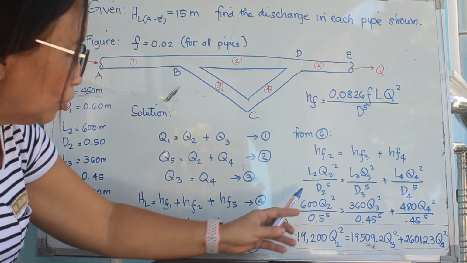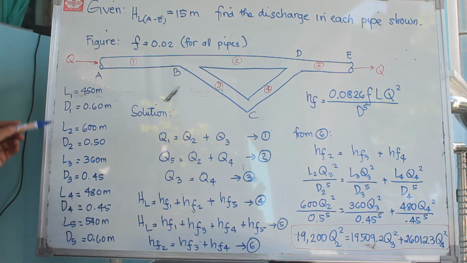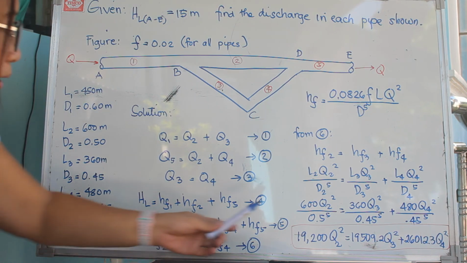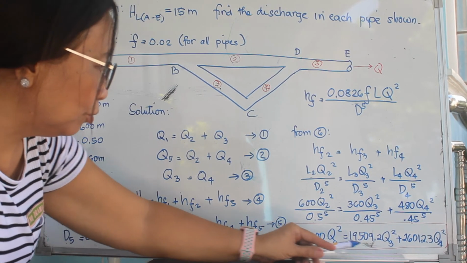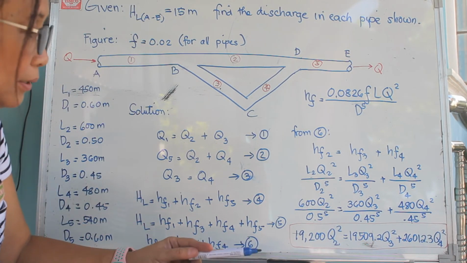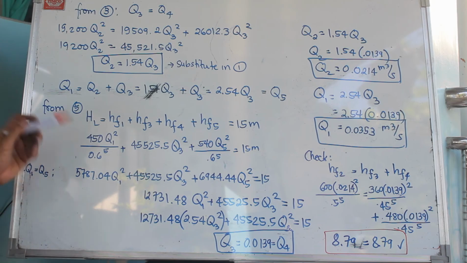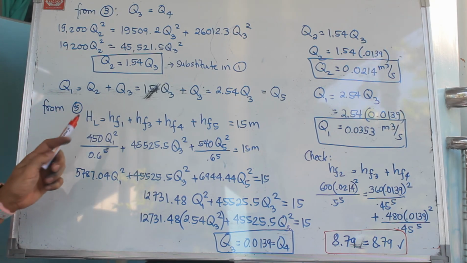Then, we substitute all the given values. L2 and D2 are here, L3 and D3 are given, and L4 and D4 are given. So, this will be an equation in terms of Q2, Q3, and Q4. Going back to the figure, pipes 3 and 4 are connected in series.